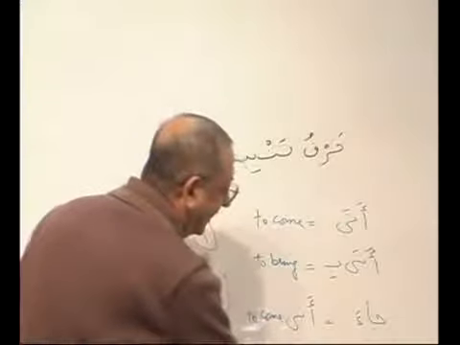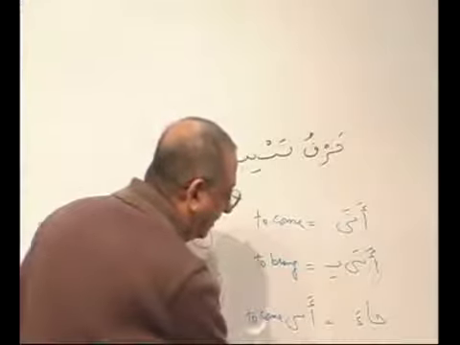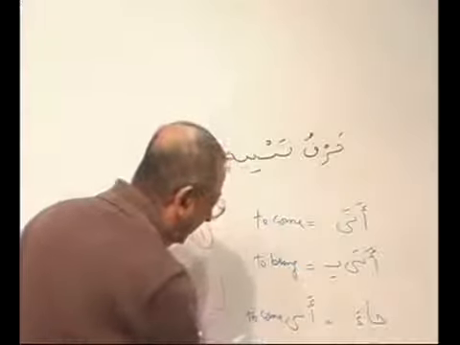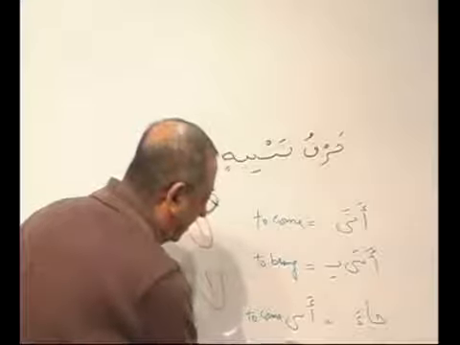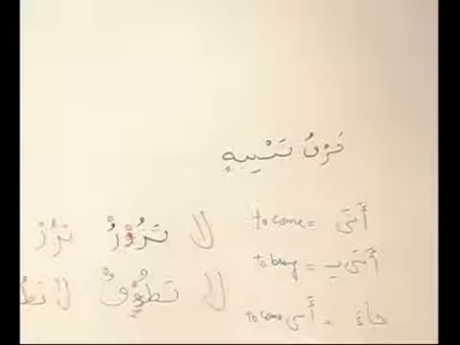And if I say ja'a bi, it is to bring. Are you with me, brothers and sisters? Ana ma ji'tu bil kitab. I did not bring my book. That is the translation. Ana ma ji'tu bil kitab. I did not bring the book, ya Ustad. Al-yawm is zarf.